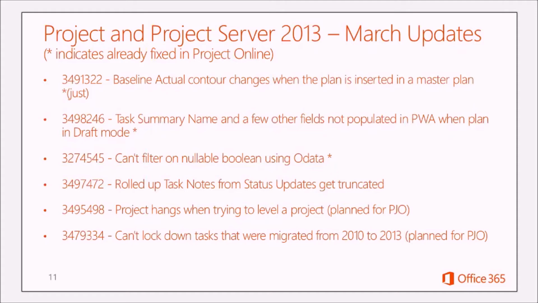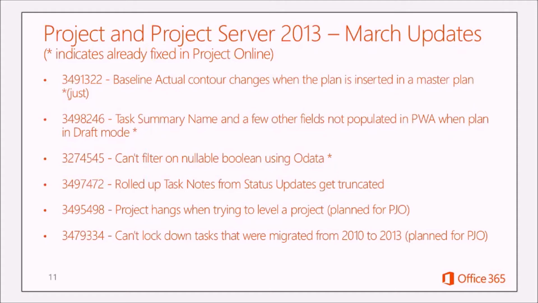Now just a little bit of information here. You'll see the little asterisk that says this has already been fixed in Project Online, and then you see this one here where it says just. Well, this particular fix is just here in this update.